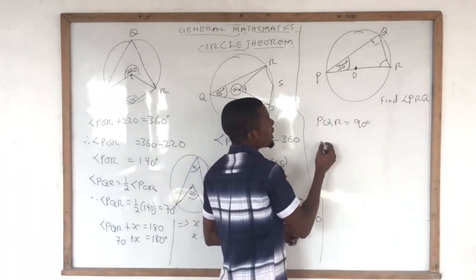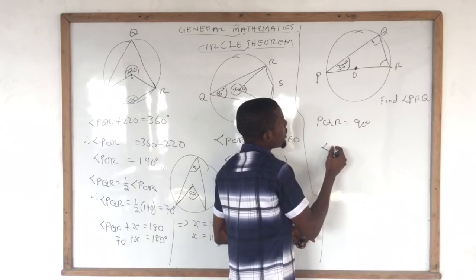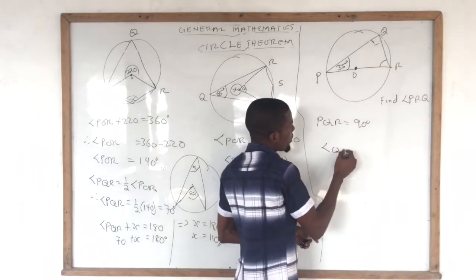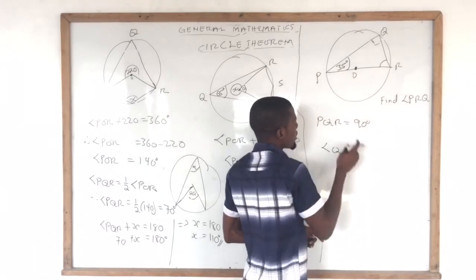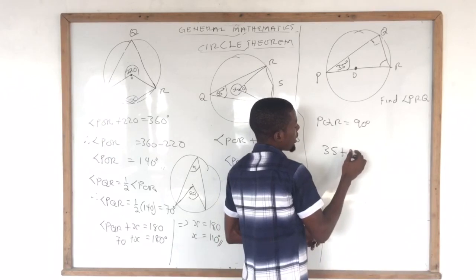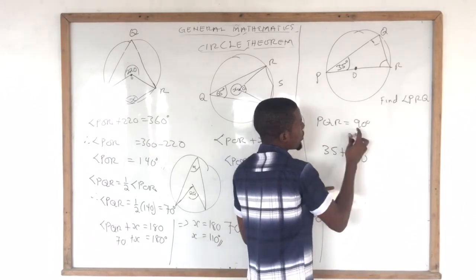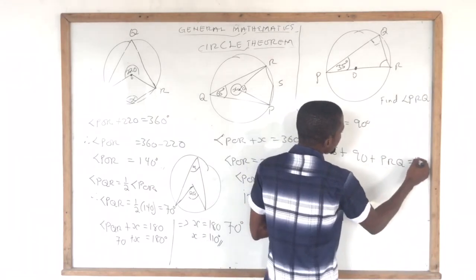So this means that I have angle QPR, that's this 35. Let me write it straight. So I have 35 plus 90, which is PQR, plus the angle they need, PRQ, will give me what?